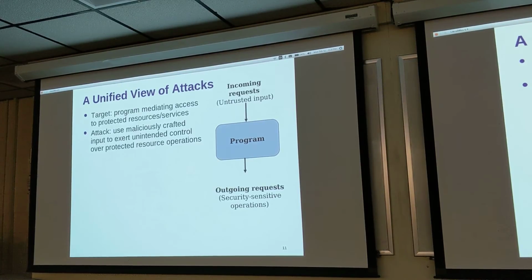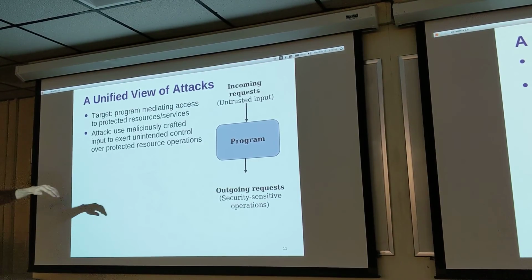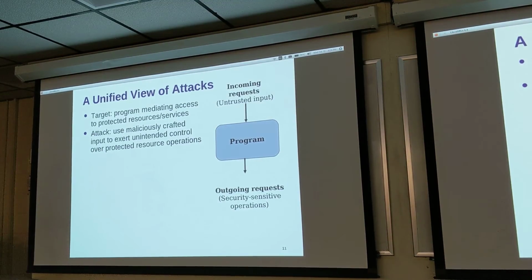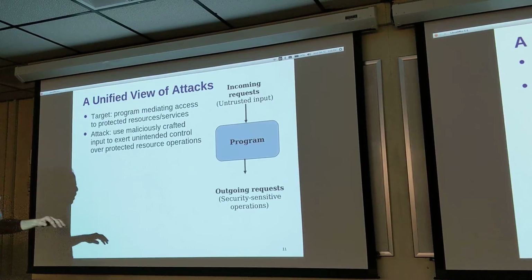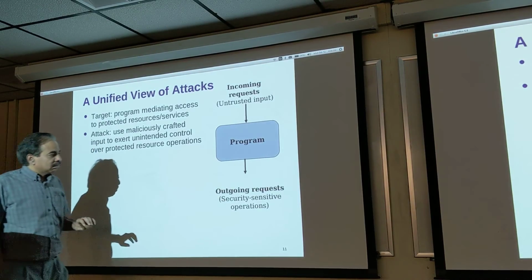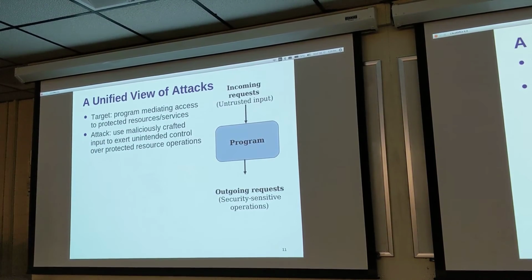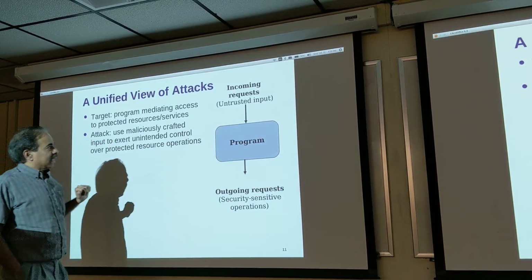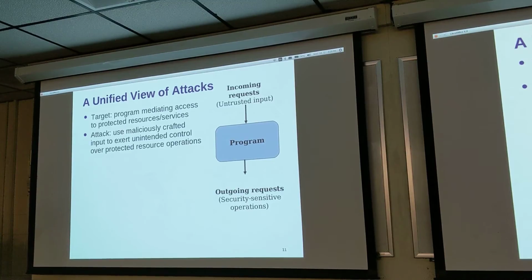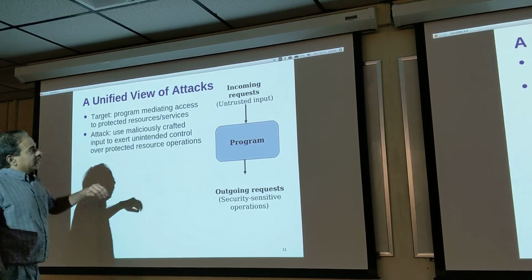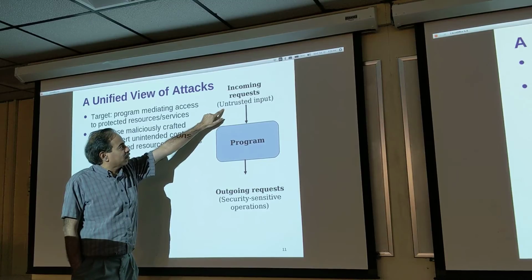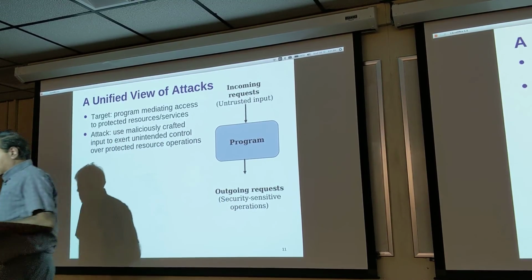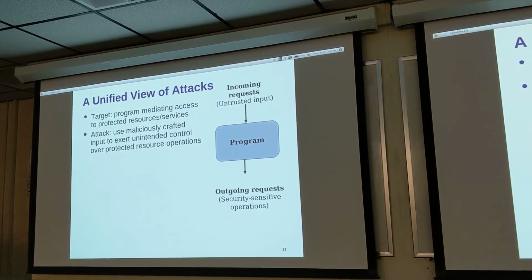So the general picture is that there is some program that has some higher sensitivity access, and it also is accessed by some untrusted user. It has to mediate these requests from an untrusted user and only allow valid or legitimate requests to go through to the other side.